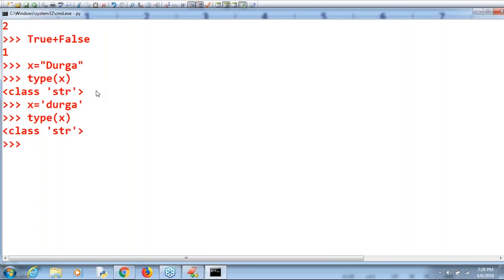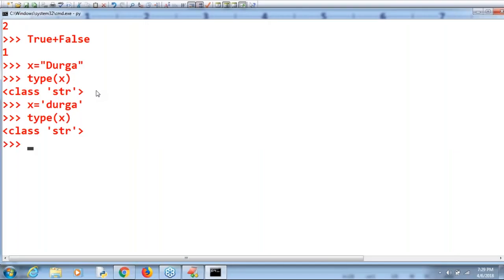Type of x is class str. Either double quotes or single quotes, no problem at all; it is always going to be treated as string type. Remember that.